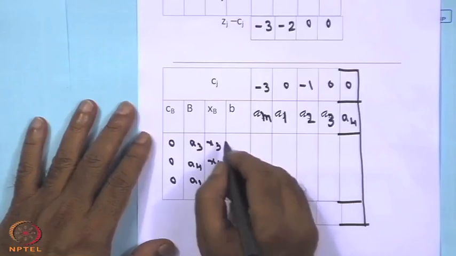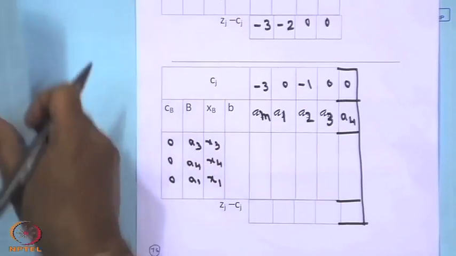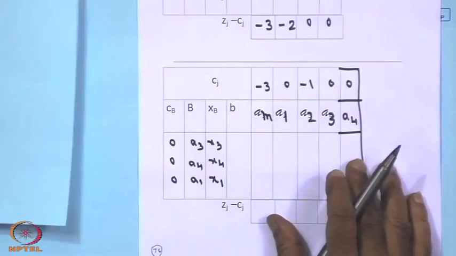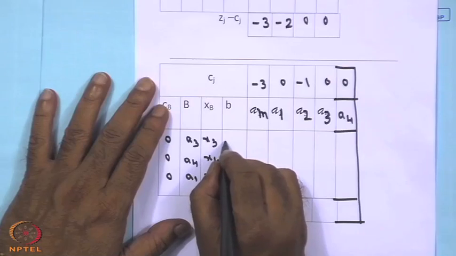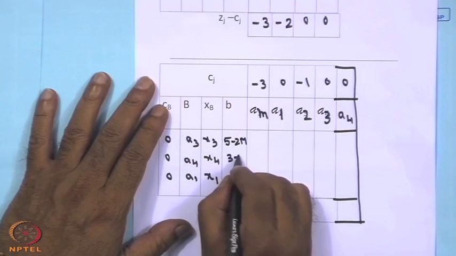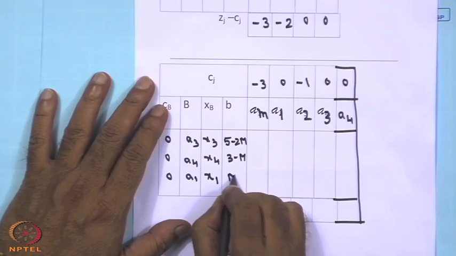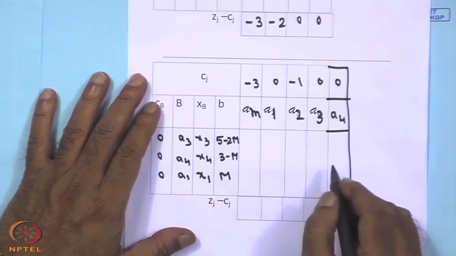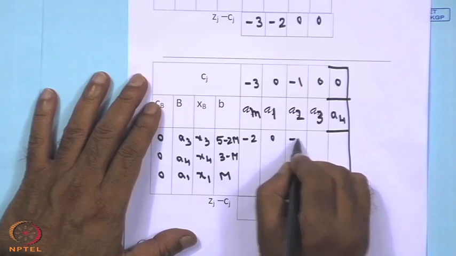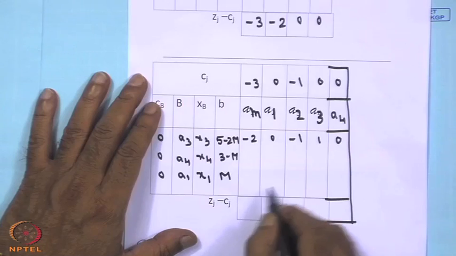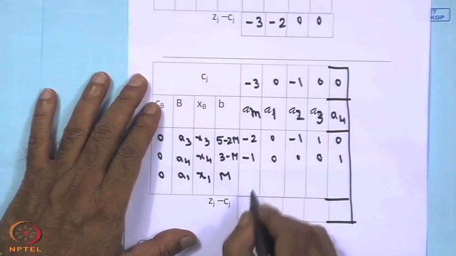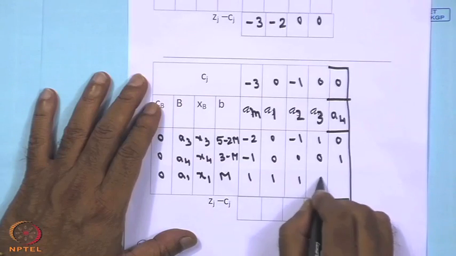If you see the B values, they are 5 minus 2m, 3 minus m and m. Now, write the rows accordingly: minus 2 0, minus 1 1 and 0, minus 1 0, 0 0 1 1 1 1 0 0.